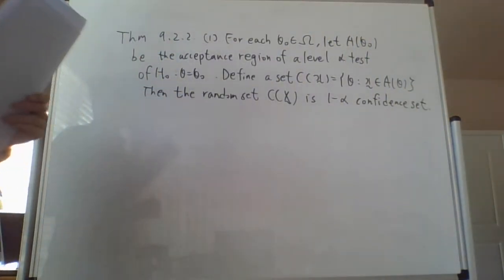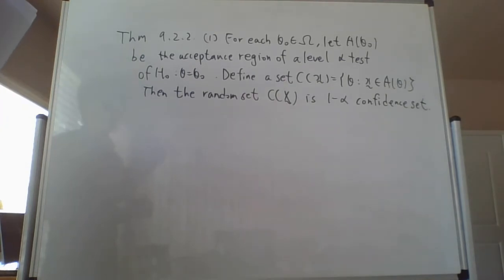Let A(theta 0) be the acceptance region of a level alpha test of H0: theta equal to theta 0, and then we define a set C(x), which is the set of theta where A(theta) contains the sample x. Then the random set C(X) is a 1 minus alpha confidence set.